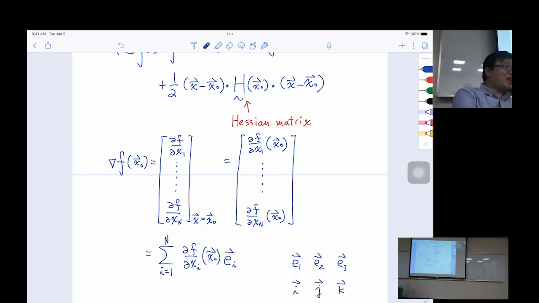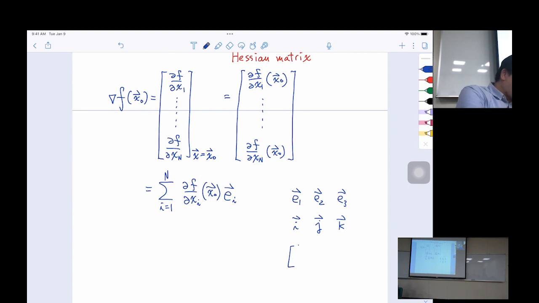You guys know ijk, right? Basically, they are like this. They are sometimes called normal basis, basis vectors.